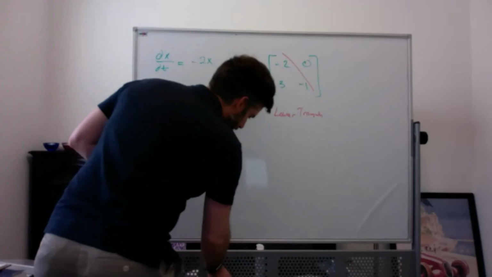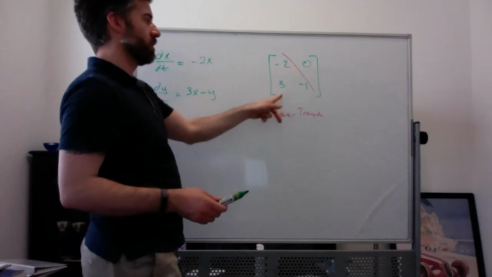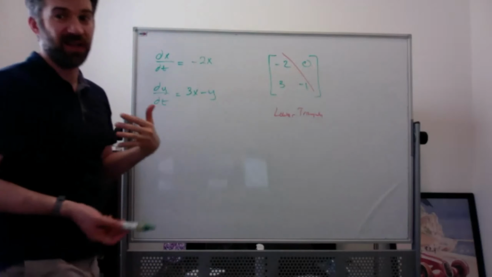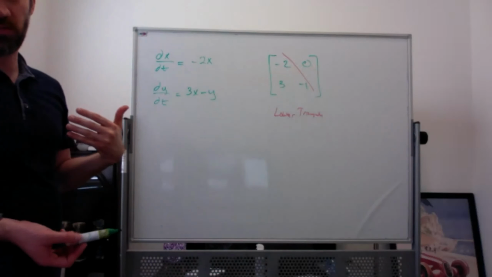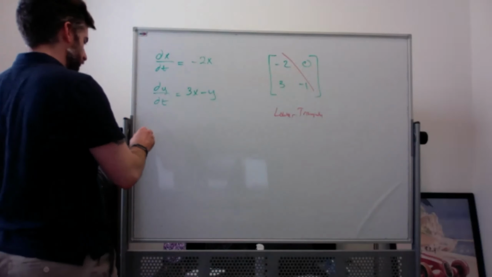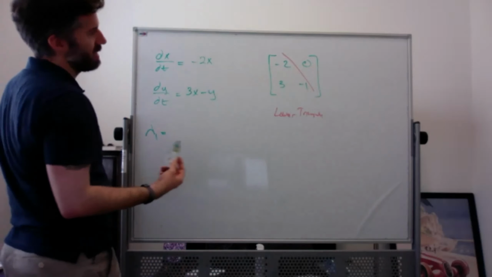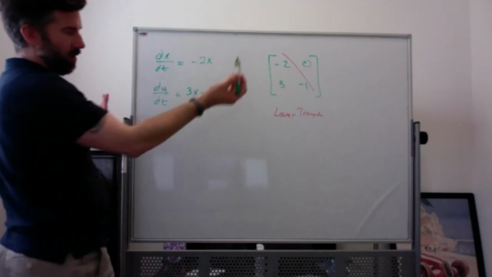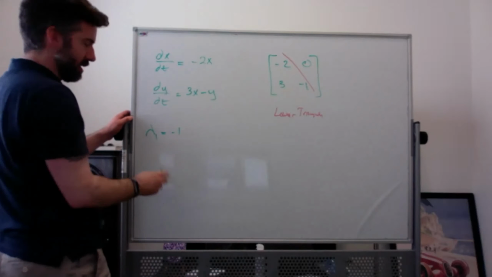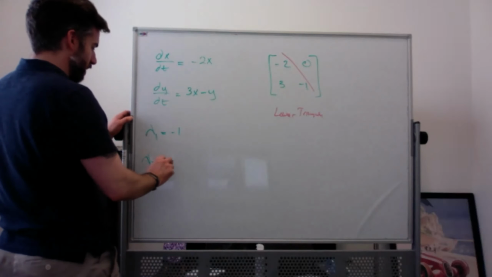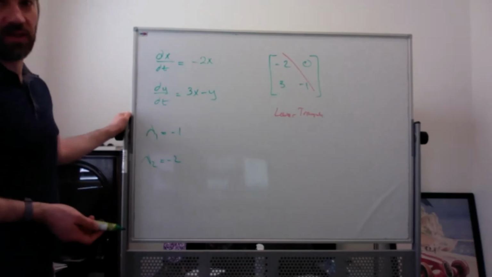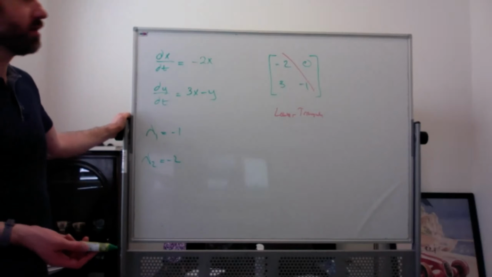When you have that, and you have a 0 up here or a 0 down there or both, your eigenvalues are just the diagonal entries. So I would probably say lambda 1 is -1 and lambda 2 is -2. It seems like it'd be funny to write lambda 1 equals -2 and vice versa.